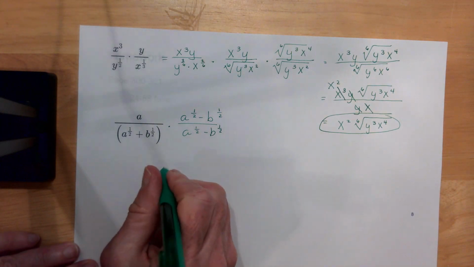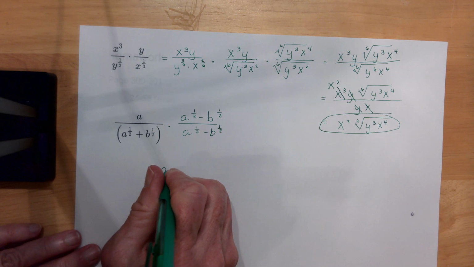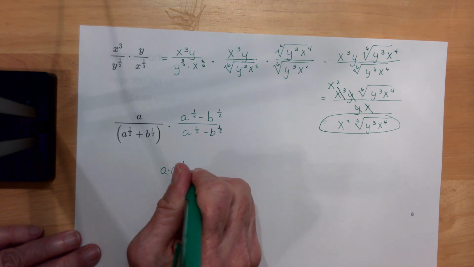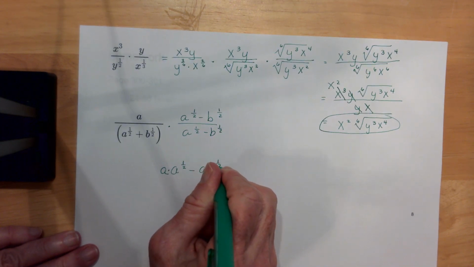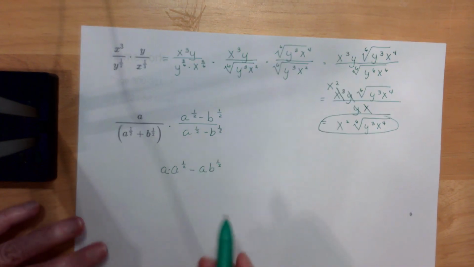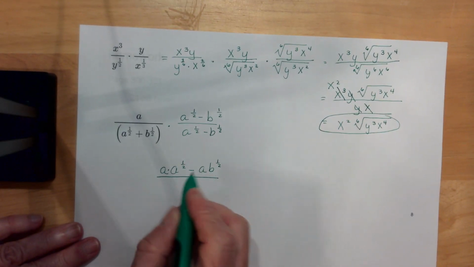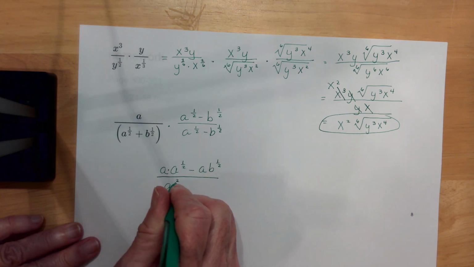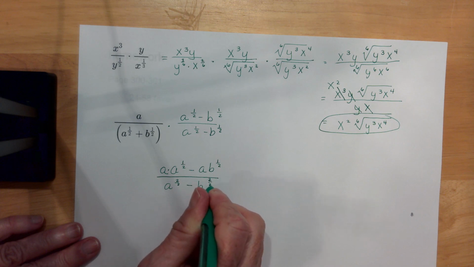Okay, so on the top, I'm going to have an a times a to the 1/2 power minus a times b to the 1/2 power. Okay, or you can leave it with the a on the outside. Often it's done that. And on the bottom, I do first and last. So that's going to be an a to the 2/2 power minus b to the 2/2 power.